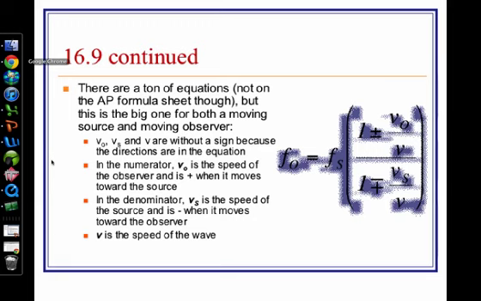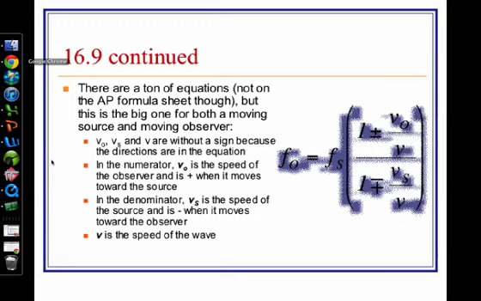V naught or VO depends on the velocity of the observer, where V, with no subscript, refers to the velocity of the wave itself. Vs stands for the velocity of the source. So let's look first at if the observer is stationary.